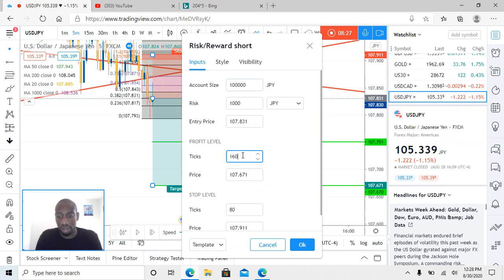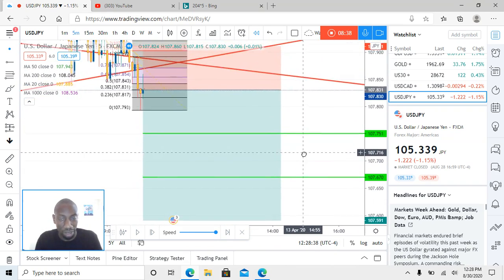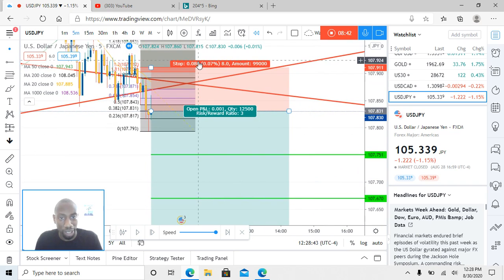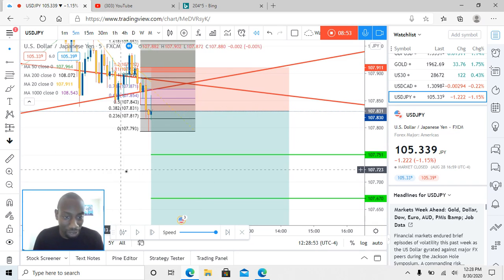And 3. 240. All right, so here's our 3-to-1 risk reward ratio right here. We have our SL again above the trend lines right here, looking for price to continue down and give us that profit.